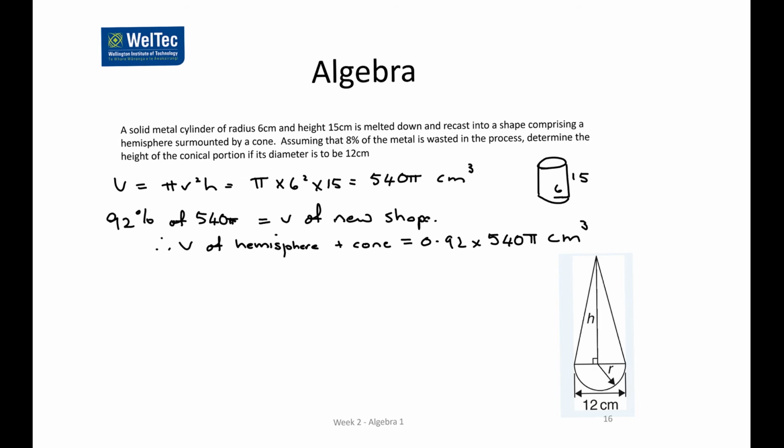The volume of a sphere is 4 over 3 pi r cubed, so the volume of a hemisphere would be just half of that, and the volume of a cone would be 1/3 pi r squared h, and that's got to equal this 0.92 times 540 pi.